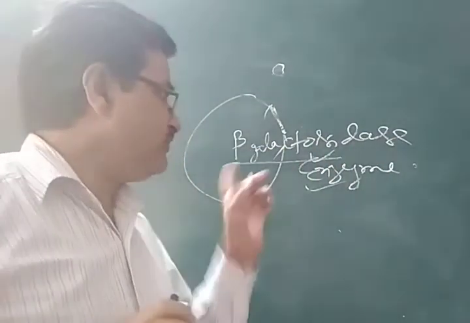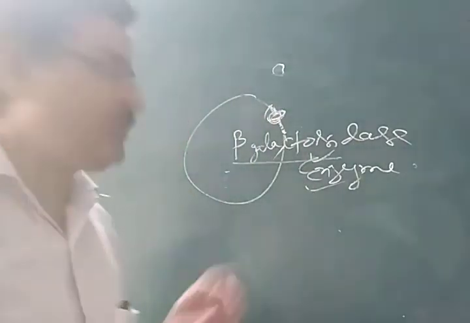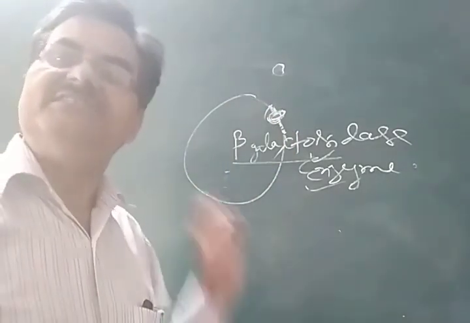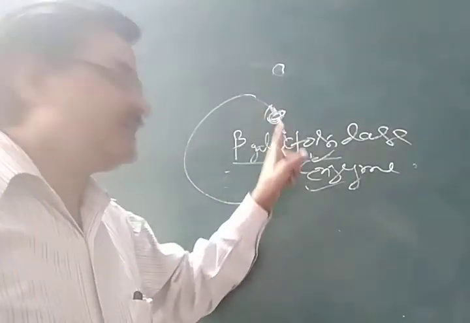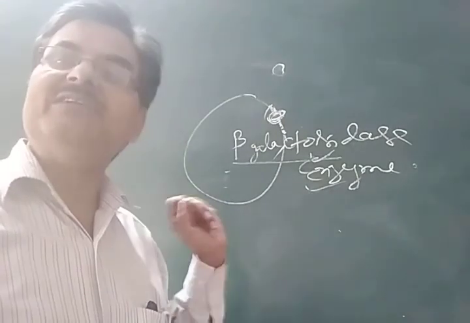If we insert any alien piece of DNA or foreign DNA into this beta galactosidase gene, in that condition this gene will be inactivated. That is insertional inactivation.